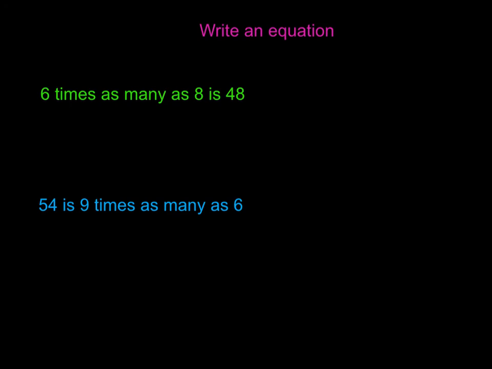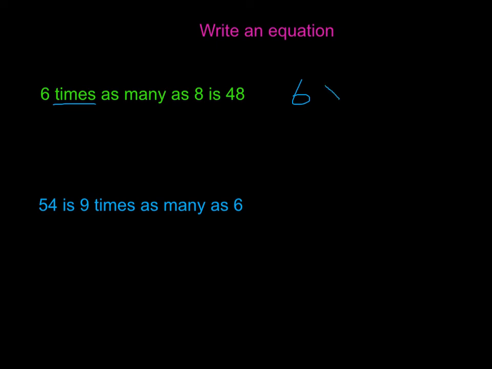And so as you can see, we have our sentences written here. And so we're going to put them into an equation. So this first one here, we have 6 times as many as 8 is 48. So the first thing we're going to do is we're going to pull out our first digit there. We have a 6. And then we have the word times right here. The word times is the same as multiply, or the multiplication symbol.